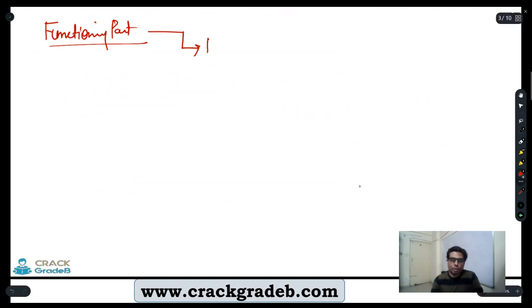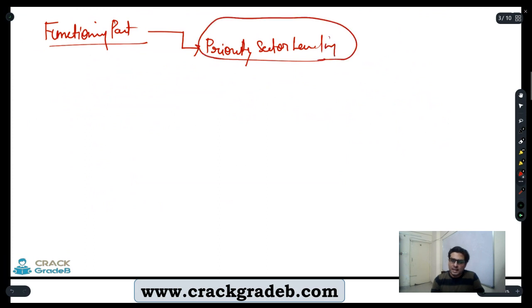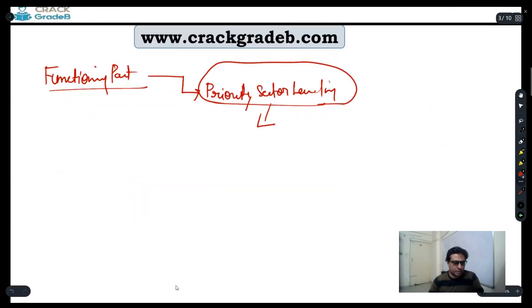The first and most important part of banks' functioning, especially in India, is priority sector lending, right? So first let's clear this part so that the other parts can be understood in the proper manner. So I'm going to first explain this priority sector lending part. Okay, just give me a minute. I'll open that PDF so it will be easier for you.